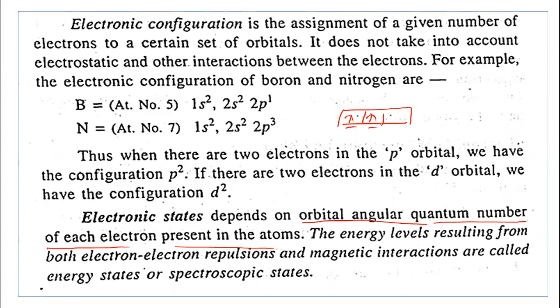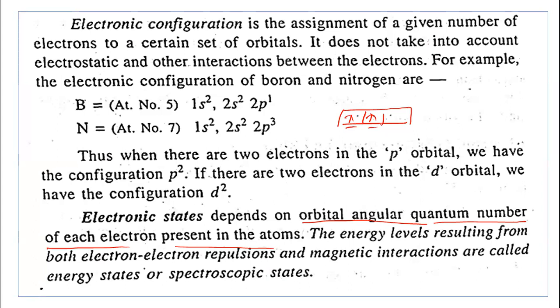Because we are going to discuss the electronic spectra of complexes, we should be aware of how the electronic transitions take place. So we should be aware of the energy levels corresponding to that. The energy levels resulting from both electron-electron repulsions and magnetic interactions are called energy states or spectroscopic states.